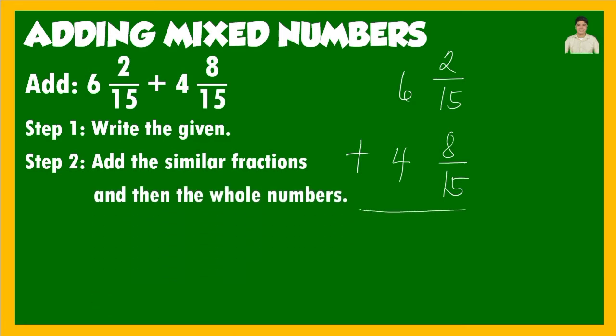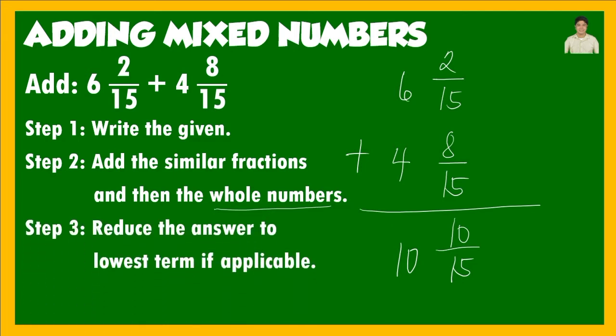So, based dito sa kanyang second step, add the similar fractions. So, 2 plus 8, kasi similar fractions naman sila, we have 10 over 15. Just copy the denominator. Next, add the whole numbers. 6 plus 4, we have 10. So, our answer is 10 and 10 over 15.